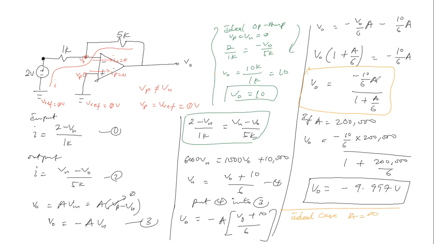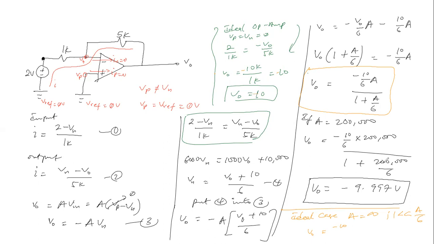If we plug that in here, you observe that 1 will be far, far less than A over 6, such that V naught will be negative 10, because of the negative sign.